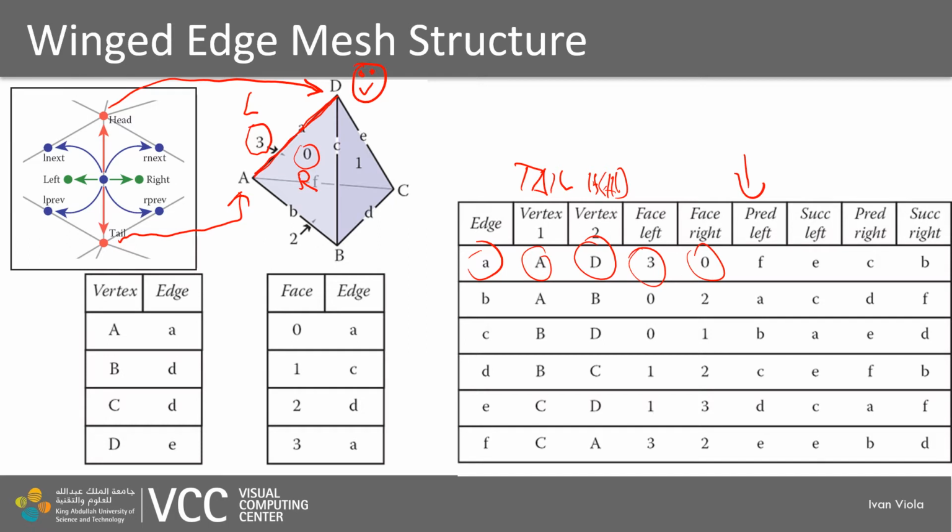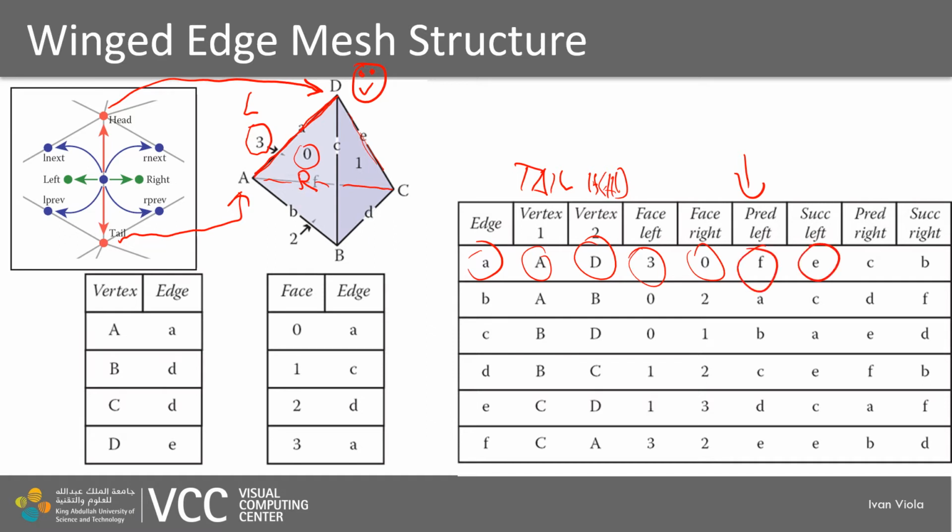This is a back face, therefore we need to turn ourselves so that we are looking at the back face directly, and counterclockwise the previous edge will be the F. So this is the previous edge counterclockwise. A will be the current edge, and the next edge will be E around this triangle.